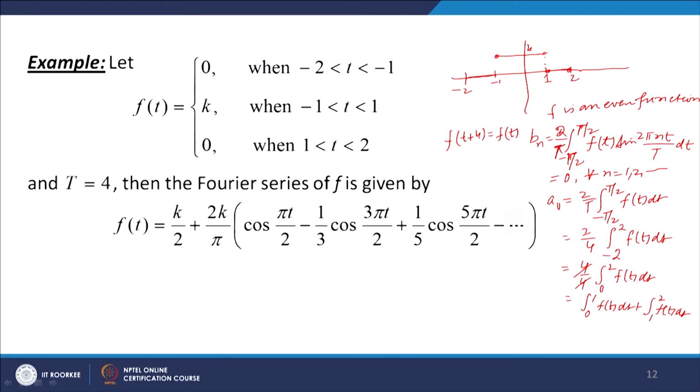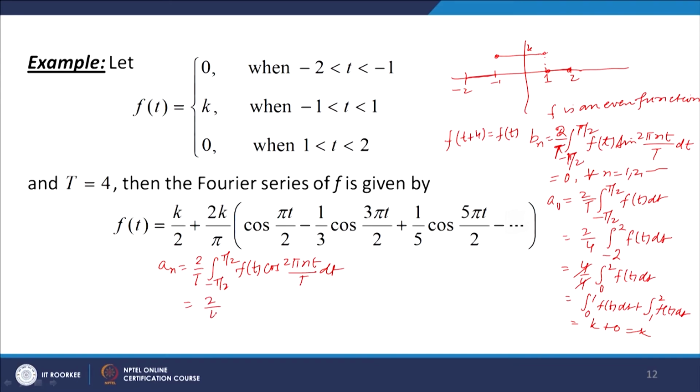Over 0 to 1, f is equal to k. So, we have the integral from 0 to 1 of k dt, which is k, and the integral from 1 to 2 of f(t) is 0. So, a naught is equal to k. Similarly, we can find an equal to 2 over T, integral from minus T by 2 to T by 2 of f(t) cos(2 pi n t divided by T) dt, and this is again T equal to 4.